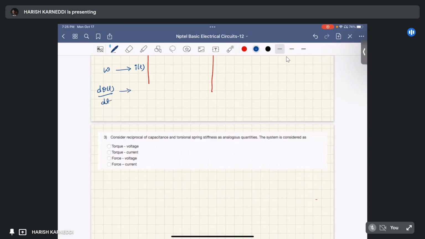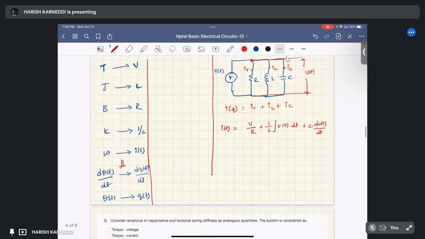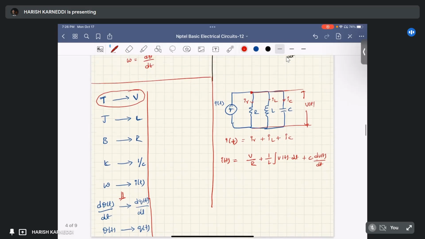We can write I of t in terms of charge, that is dq of t by dt, just from the above equation. So we can rewrite that theta of t is the same as q of t. This response is known as the torque-voltage analogy. I hope this is clear.